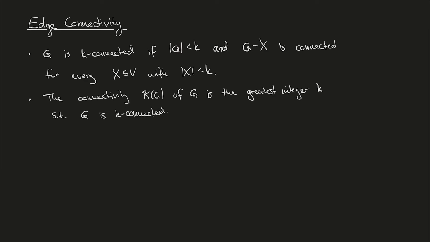For example, the connectivity of a disconnected graph is 0, and the connectivity of a graph which has a single edge between two vertices is 1.